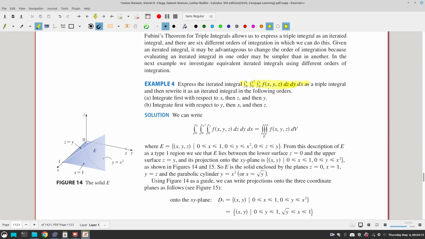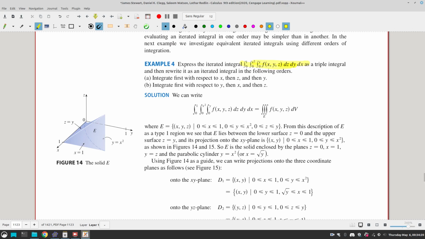Right, this is the solid E. X goes from the plane x equals 0, which is the YZ plane, to x equals 1, and by x equals 1 we mean a plane that is parallel to x equals 0.